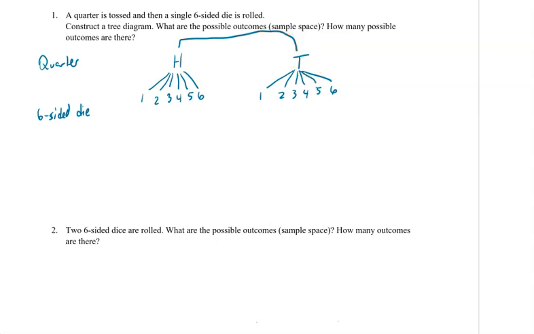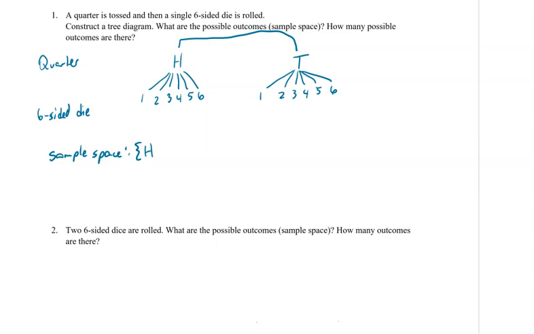All right, so what are all the possibilities? Well, we're just going to go through each tree and write down all of the different possibilities. So this is also called the sample space. And we're going to start it off with a curly bracket that denotes a set. It just means we're going to list out all the possibilities.